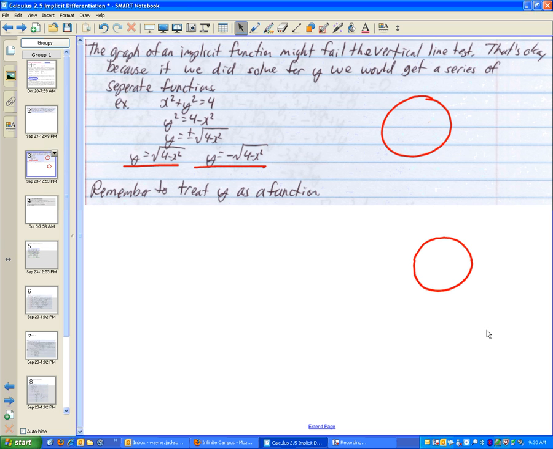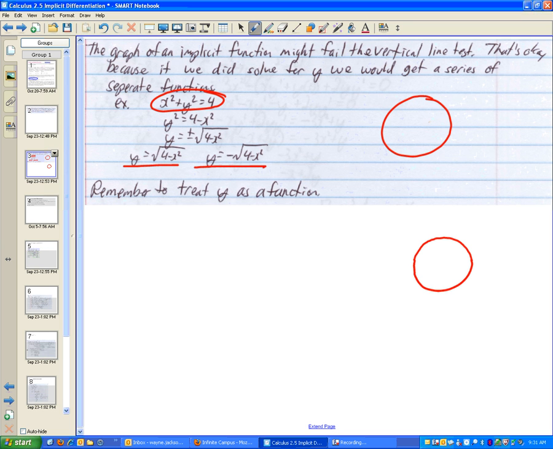Moral of the story, the equation you're dealing with may not be an actual function in and of itself. It may be, like this one, two functions. Hey, that makes implicit differentiation twice as nice, because if we did solve that for y and then take the derivative, we'd have to do it for two different functions.